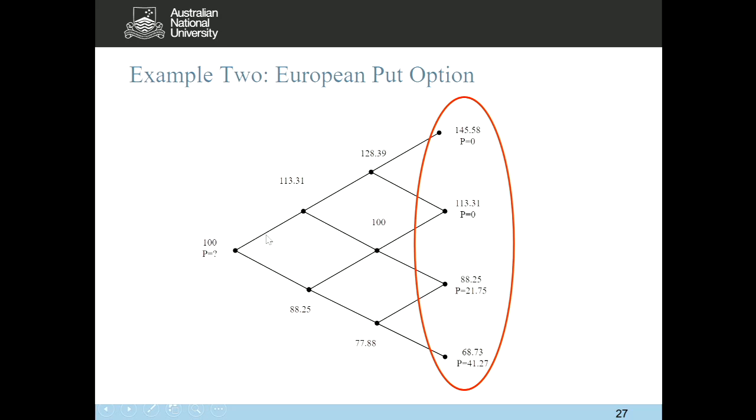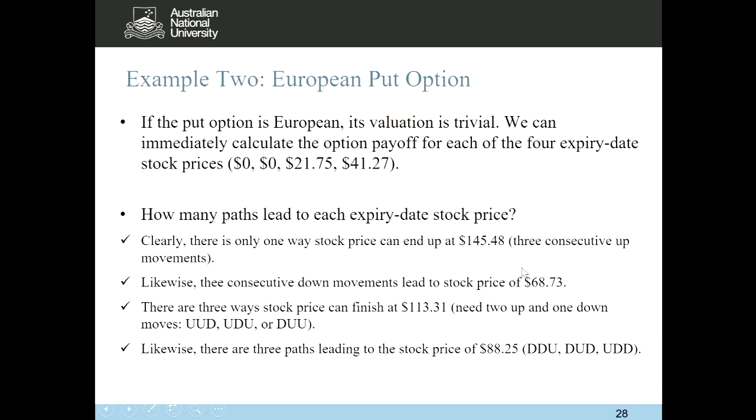The share price can go up, then take 2 consecutive downturns, and we'll get to that share price. Alternatively, the share price can go down, then go up, then go down again. And the third way we can get to this share price is for the share price to take 2 consecutive downturns, then go up again, right? So we'll get to this 88.25.